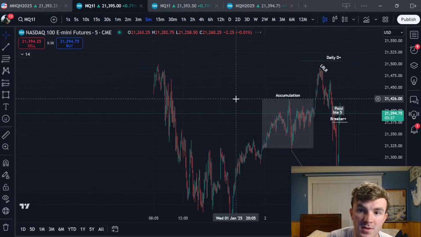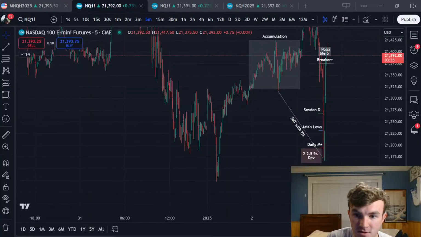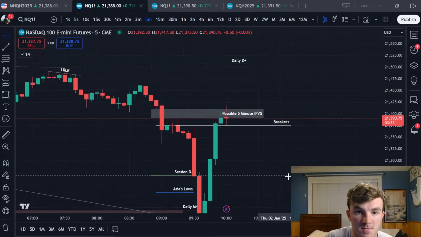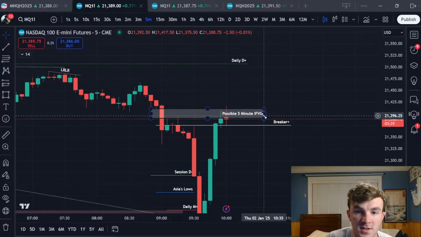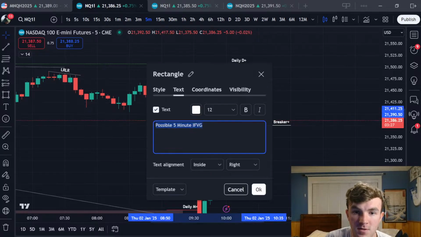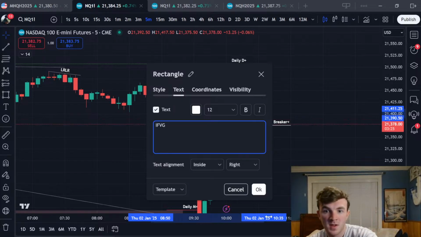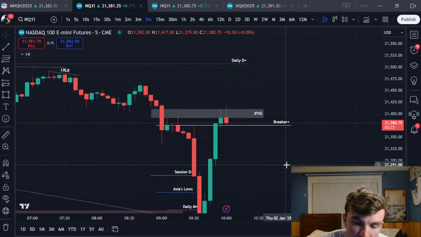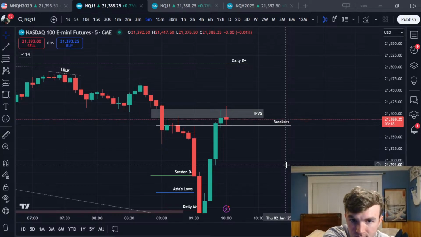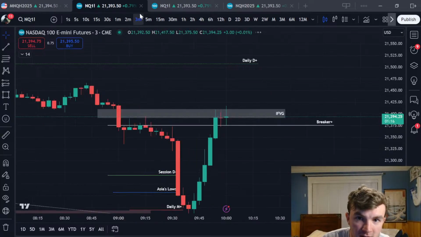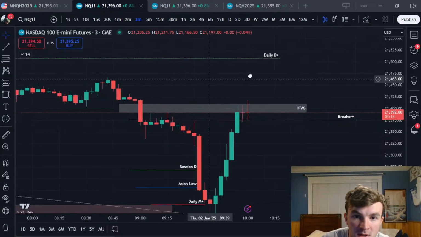Okay, let's say theoretically this 5-minute does inverse. If it does inverse, then what would I look for? Because at that point, if it does inverse, I do think we're drawing up here.